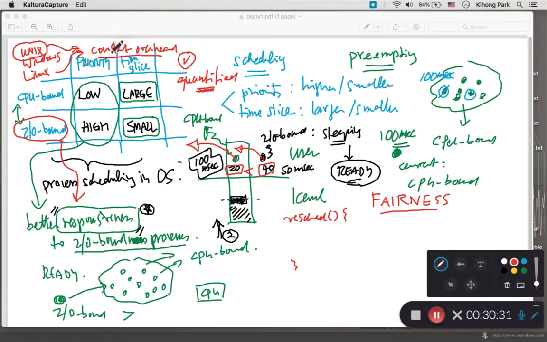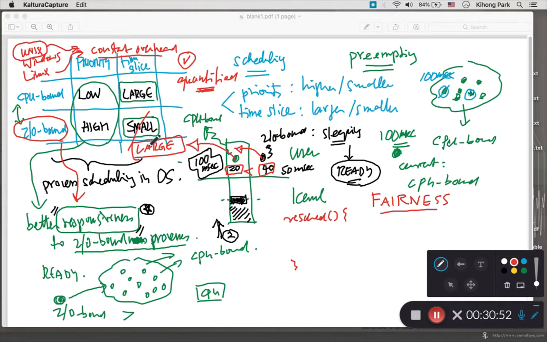In the earlier constant overhead Linux scheduler, this was actually reversed. So these IO bound guys were actually given a large time slice. What would be the justification for giving these guys a large time slice?